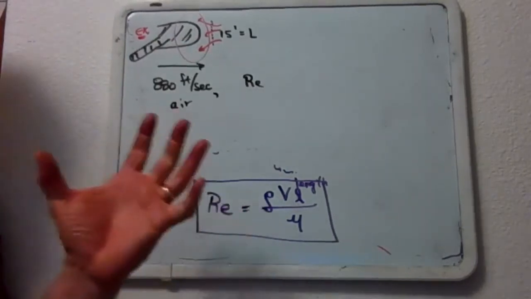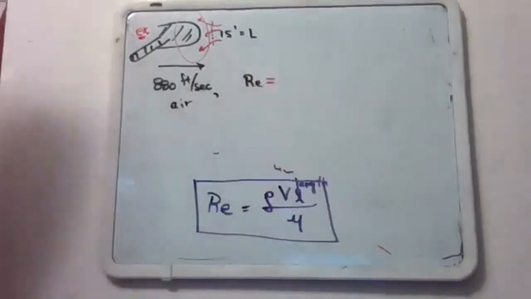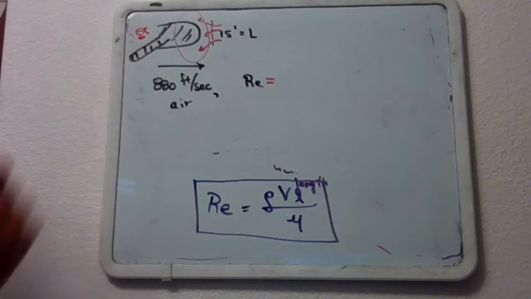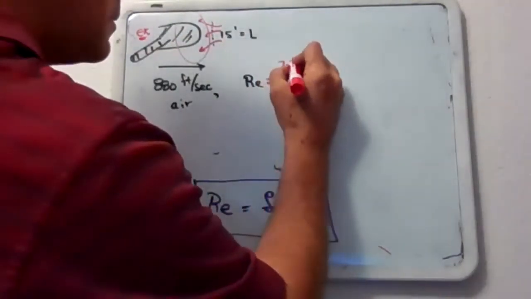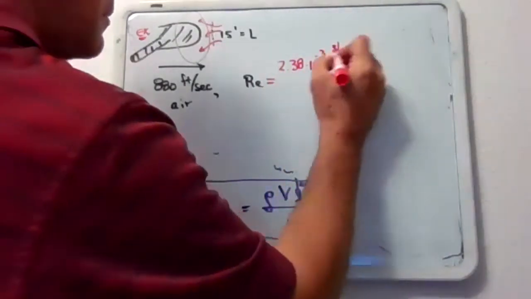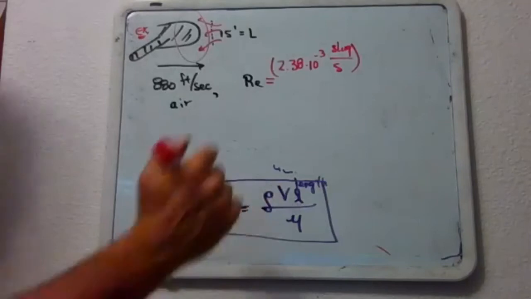Get the Reynolds number, let's try to get the right number, and let's try to get the units. Okay, there's my density. Need my speed.